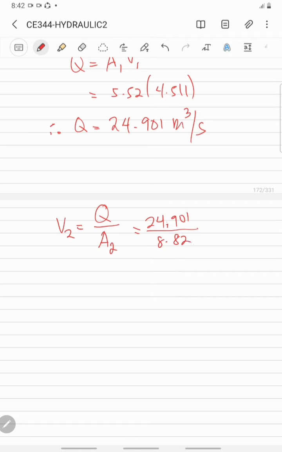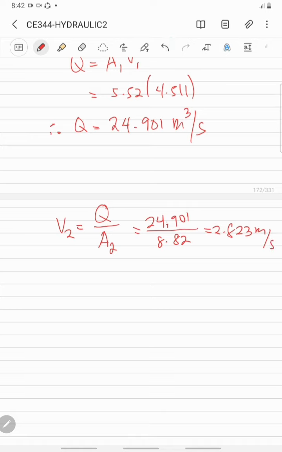So 24.901 divided by 8.82 is equal to 2.823 meter per second. That is the velocity after the jump.